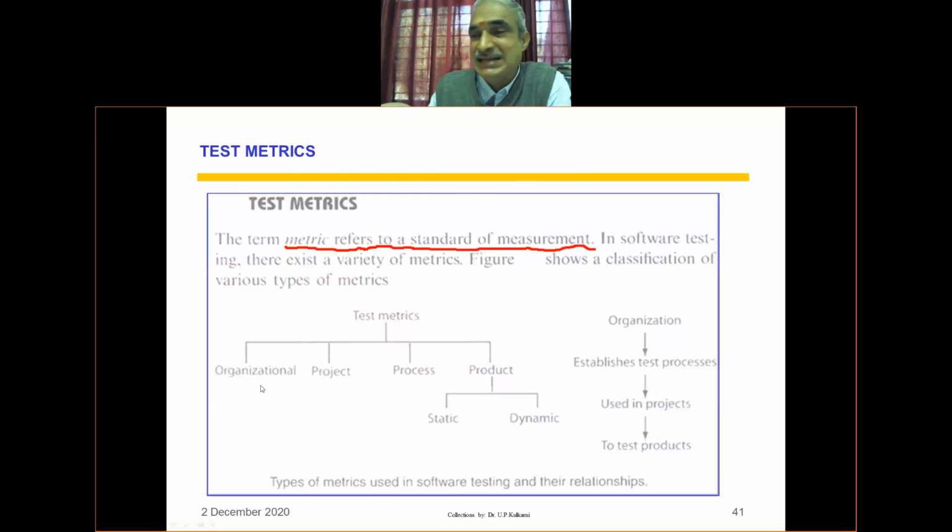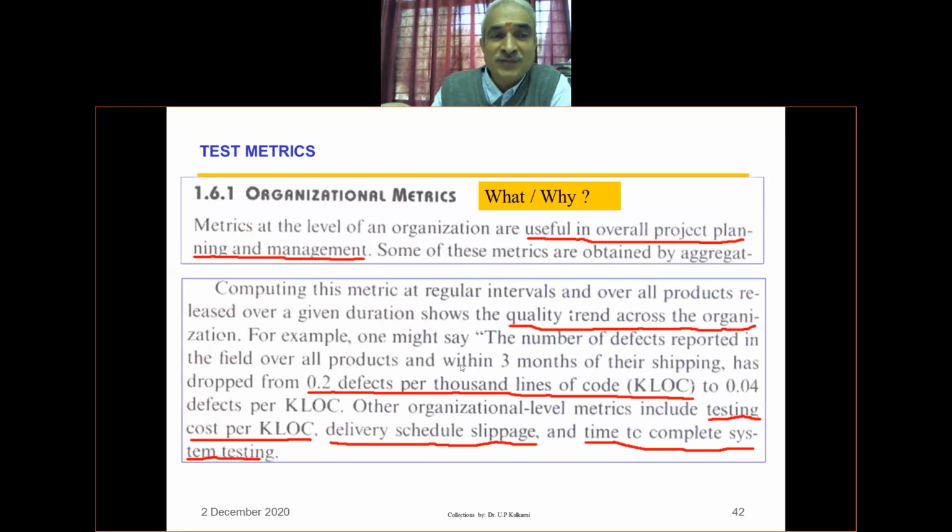Now, when you look at this, quickly we'll go through it. You people can take a screenshot whenever it is required. The organization metrics, project metrics, process-related metrics, product metrics. We will keep moving into that. Organization metrics are useful in overall project planning and management. I'm talking about the quality perspective, the testing perspective.